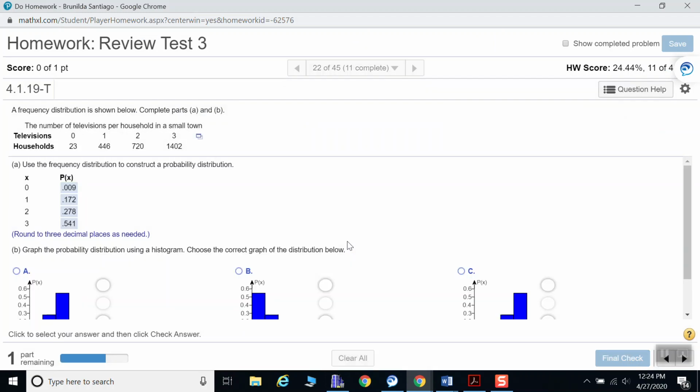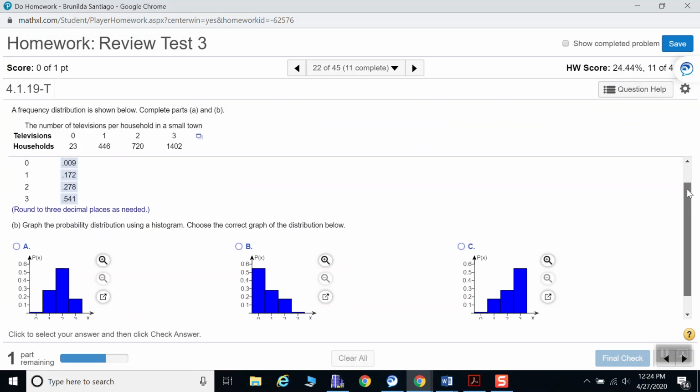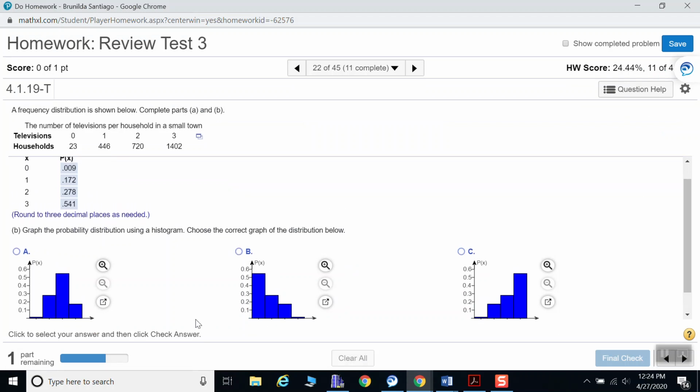It has 2 more parts. The best way to answer this question without actually graphing it is to look for the highest, which should be 3, then next the 2, then the 1 and 0.